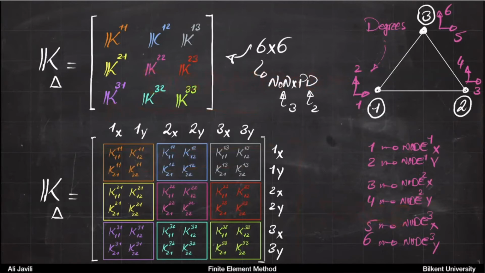But then in this case, for instance, you have 6 components in each direction, and these are exactly 1x, 1y, 2x, 2y, 3x, 3y in each direction, basically. Okay, now we know these degrees. We know what is the number of 1x, or we know what is the number of 2y. 2y has the number 4.